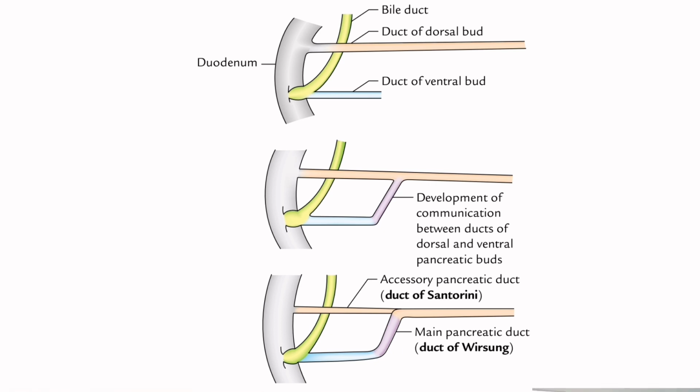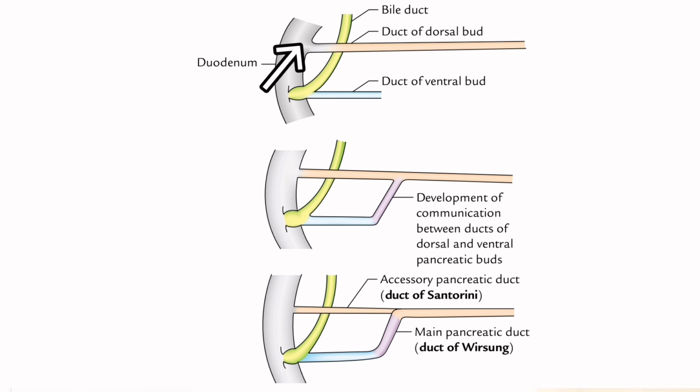Which is going to be emptying into the second part of the duodenum, and we call this the main pancreatic duct of Wirsung, right? It's going to be draining into the major duodenal papilla. But in other situations, the dorsal pancreatic bud can empty at an area about 1.3 centimeters above the major papilla.